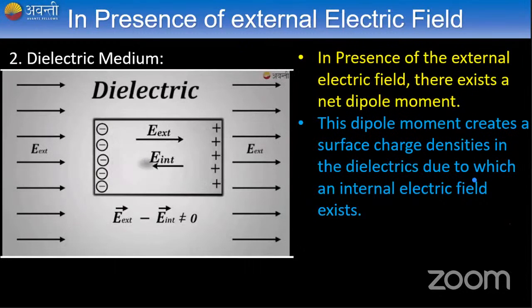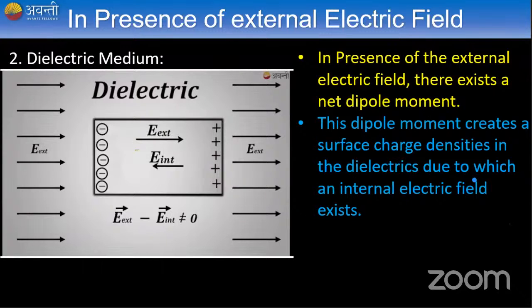So because of this dipole moment, my positive charges which are present in a neutral atom are pushed away to one end. All the negative charges are being attracted. So this creates an internal electric field inside the dielectric. Then what is my net electric field?